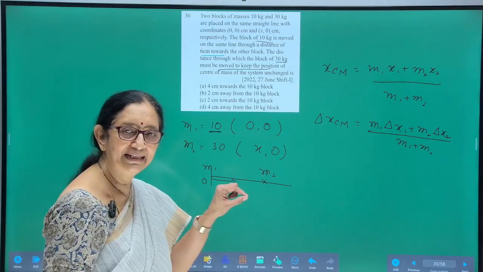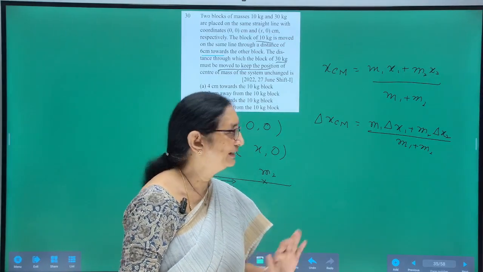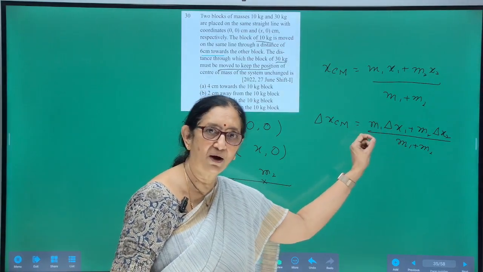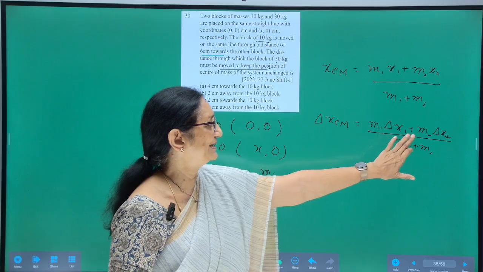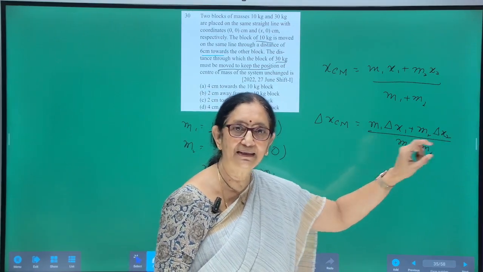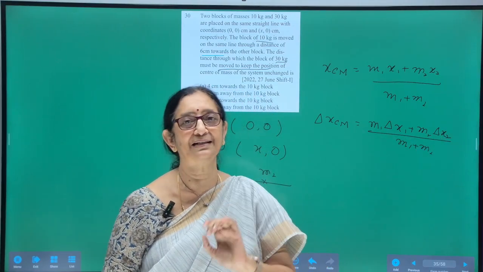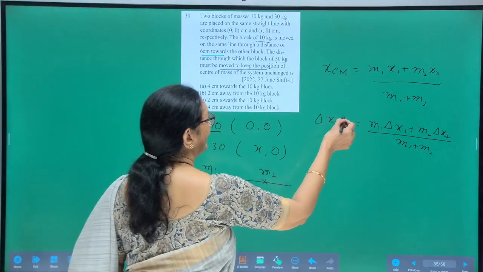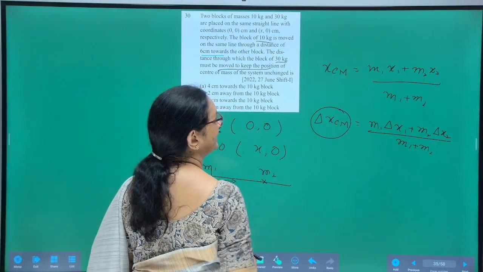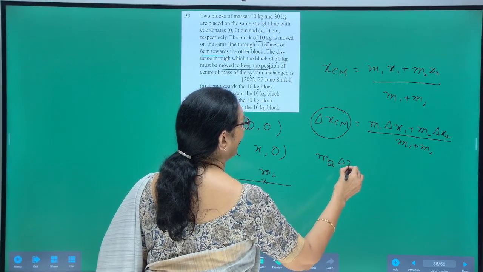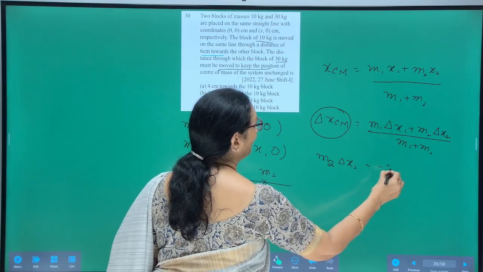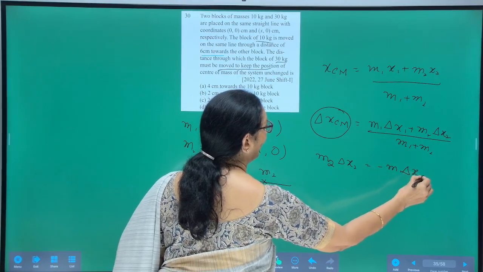Here in this problem, the first particle is moved through a certain distance. What should be the displacement of the second particle so that the shift in the center of mass is 0? That is delta x cm is 0. That implies m2 delta x2 is equal to minus m1 delta x1.